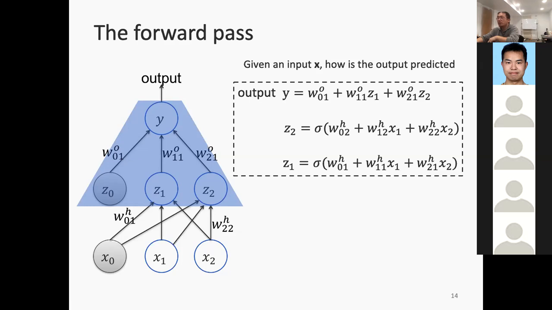Any idea? You can use half of that for each of them. I can use what? Half of Z0? Yes, half for one neuron and half for the other.